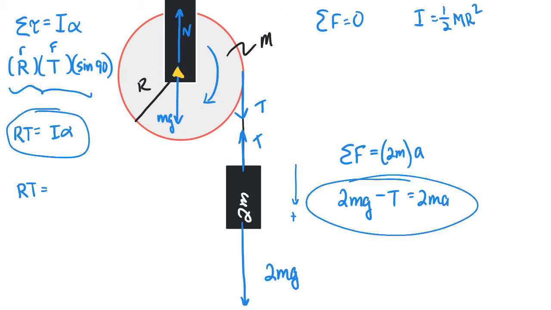Otherwise, you have to look it up in the table I gave you, or look it up in the book, or ask Google something. Because the pulley doesn't have to be a disk. They can make it a ring or a ball, or who knows. They can do whatever they want. They're the test writers, and they're mean like that. But I think for this exercise, this part is pretty easy. You substitute in the moment of inertia.